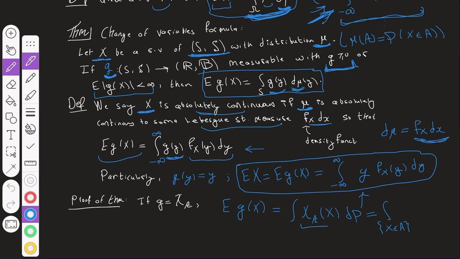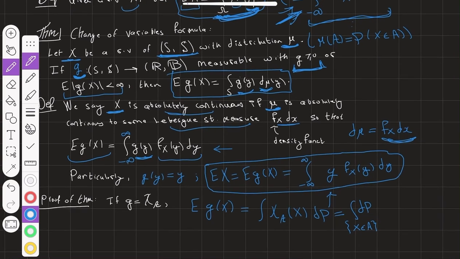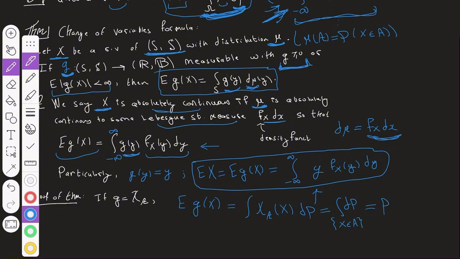It's because by definition of the indicator function, this is one only if the image of x is in A, and it's zero otherwise. Hence we're just integrating the function 1 over the pre-image of A under X, and this would be just the measure of that set. So this is what we have.